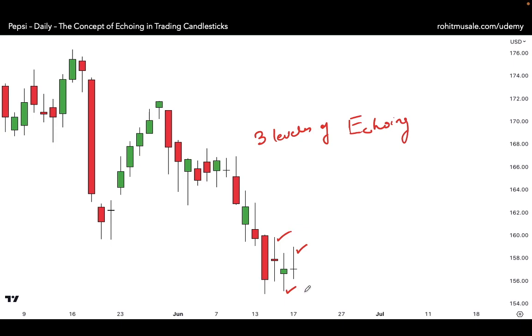All of these are neutral patterns. They indicate that the prior trend is likely to end. So it's all about probabilities. They tell us that the probability that the market will go up is increasing candle by candle. So we are looking for bullish signals here. We have still not got a bullish sign which confirms our view that the market is indeed likely to go up from here.